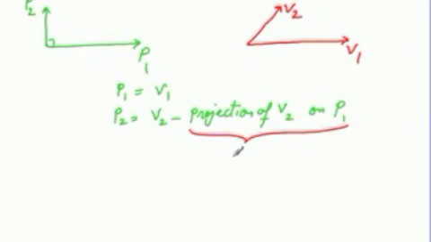We learned last time: V2 dot P1 over P1 dot P1, times P1. Okay, looks a bit crowded, but that's perhaps the first crowded formula we got. So here's our formula. P2 is V2 minus that thing. Remember, this is whatever it is in the direction of P1, and P1 itself is just a copy of V1.